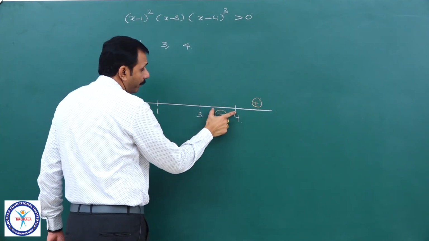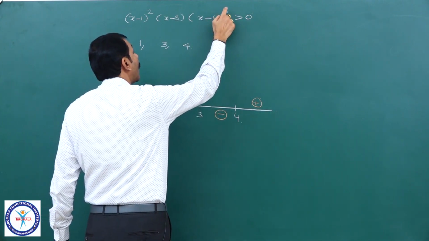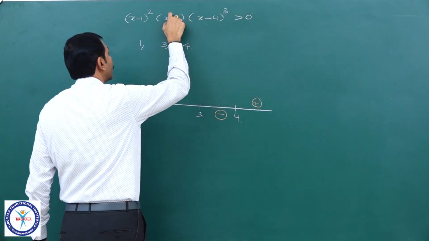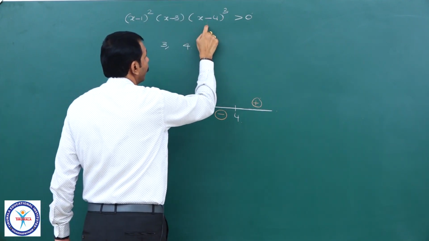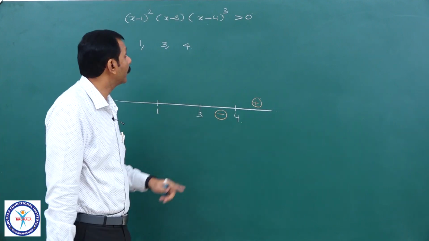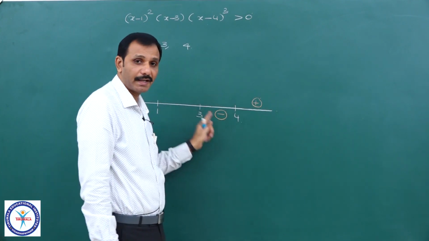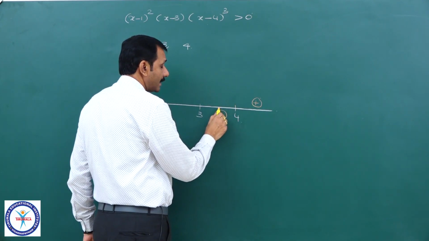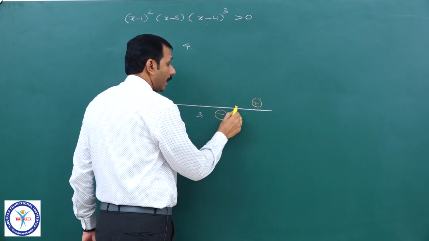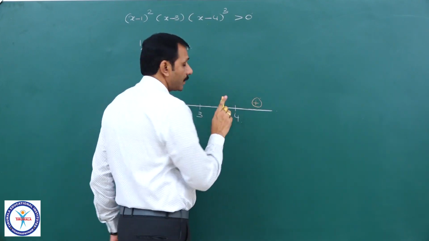And if I take between 3 and 4, say 3.5, because of the odd power it will become negative. The other factors are positive, no problem with these two, only with this factor. Because of the odd power, values of x less than 4 give negative, greater than 4 positive, therefore the sign changes at x equal to 4.